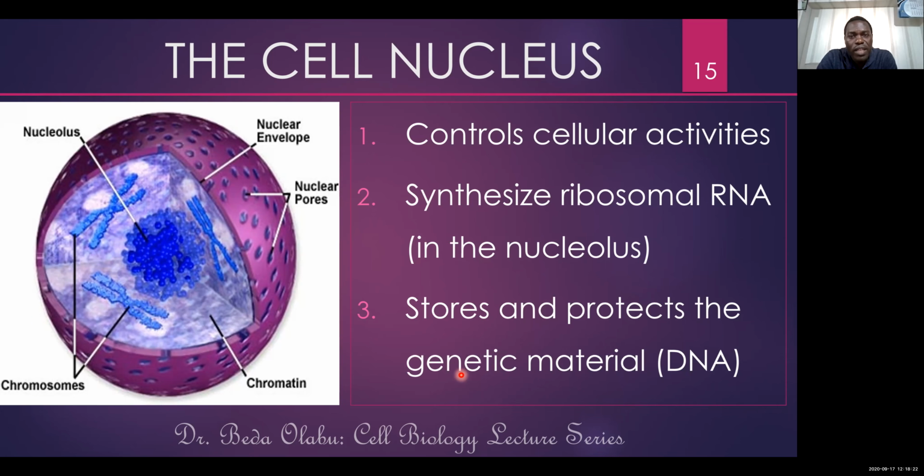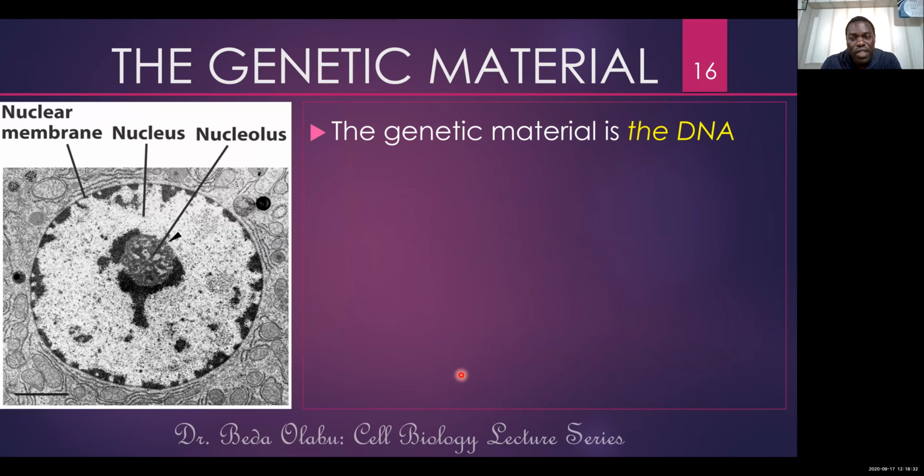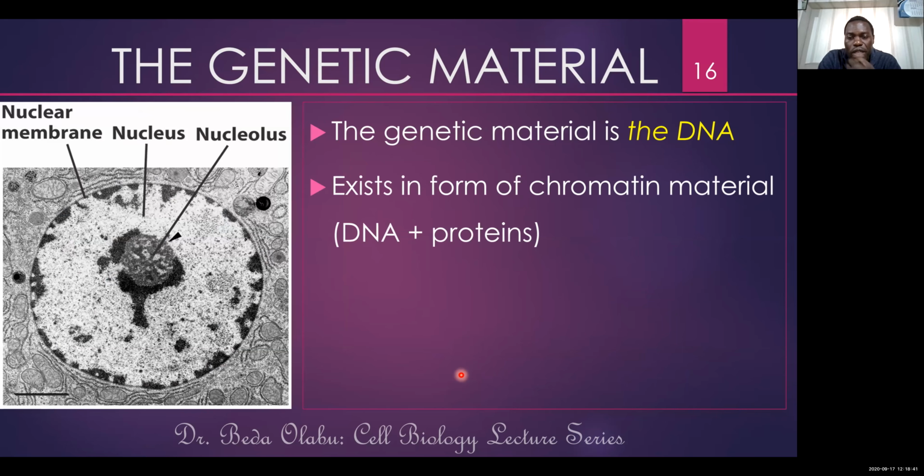So I want us to take a small detour and talk about that genetic material of the cell. The genetic material of the cell, we've said, is what we call DNA, which stands for deoxyribonucleic acid. Usually, the genetic material exists in the form of what we call chromatin material.